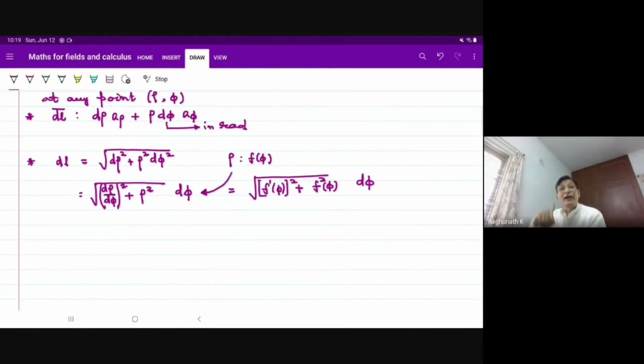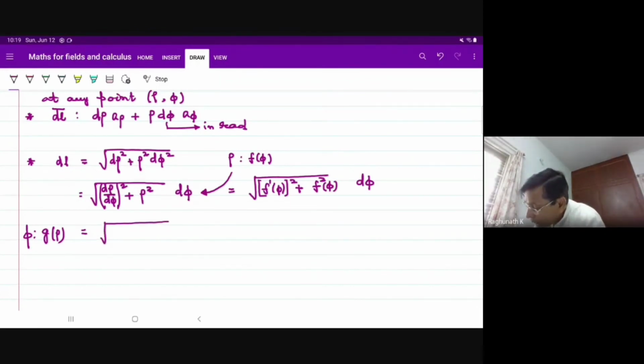If phi is given as a function of rho, then I will write it as phi equals g of rho. It will be what?